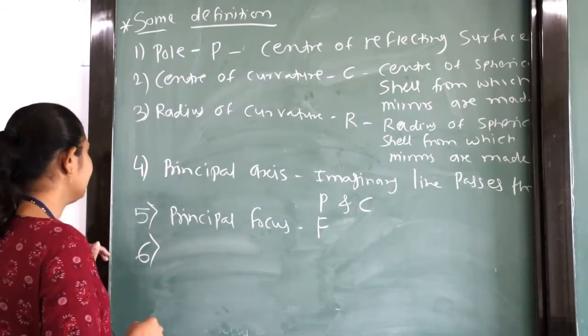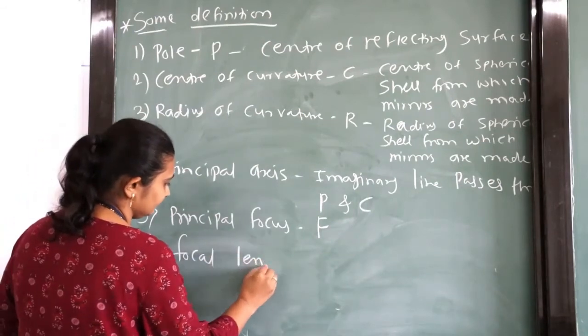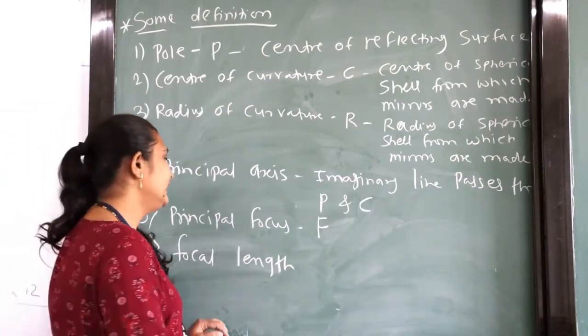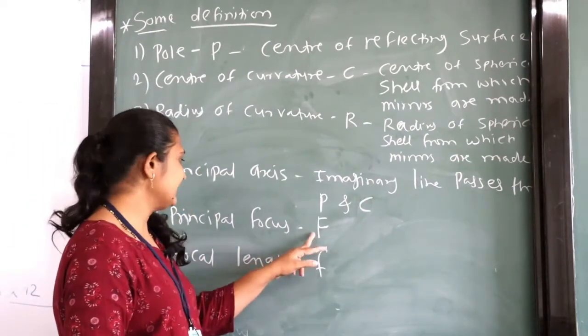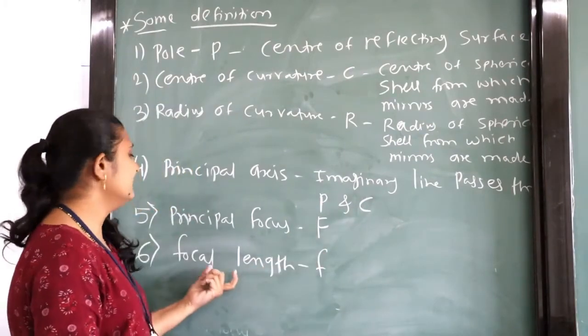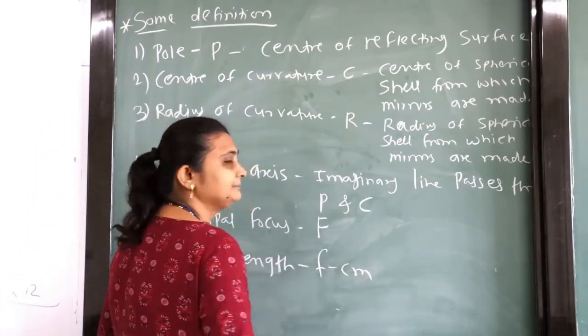Next definition is focal length. Focal length is denoted by small letter f. See students, this is the capital F, principal focus, and small f is the focal length. Focal length is measured in centimeters.